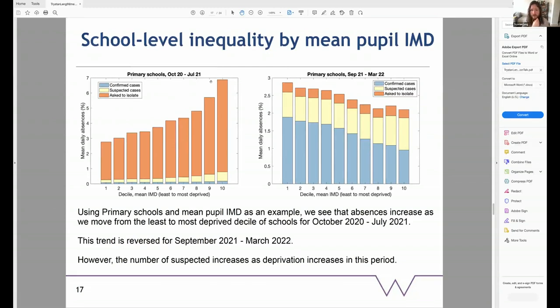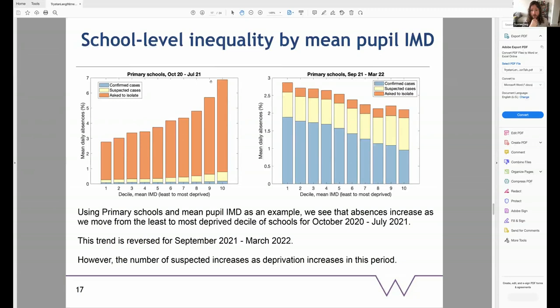Considering September 21 onwards, we see the trend is reversed, but there are a few things to notice here. One is that the orange portion, people being asked to isolate, is a lot smaller. This is because schools are no longer operating an isolation of close contacts policy.